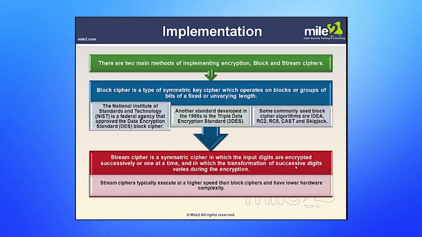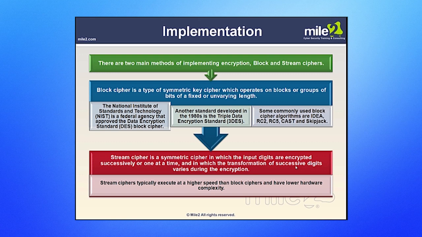So then in the 1980s, we're talking about Triple DES. And then, of course, there were some others that have come along, RC2, RC5, and so on. These would all be block ciphers, and there are many more we'll look at with the concept of a block at a time, 64-bit, 128, and so on.